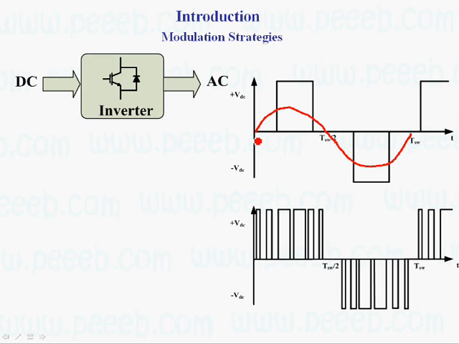For example, if we look at the output current for this type of voltage waveform, suppose that we have a resistive and inductive load. From here to here, we can see that there is no current, and from here to here, because of positive voltage, we can increase the current, and from here to here, because the voltage is zero, the current through the inductor is discharged through the resistor, and then we have negative voltage, and again the current is decreased.